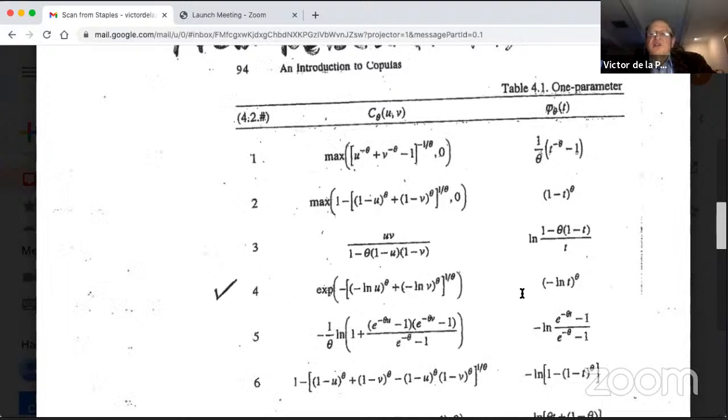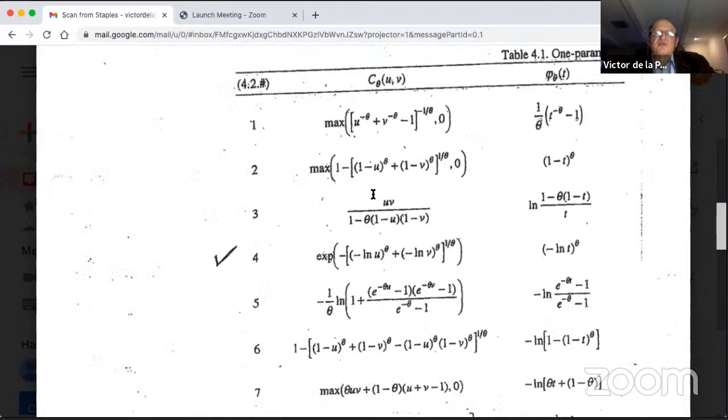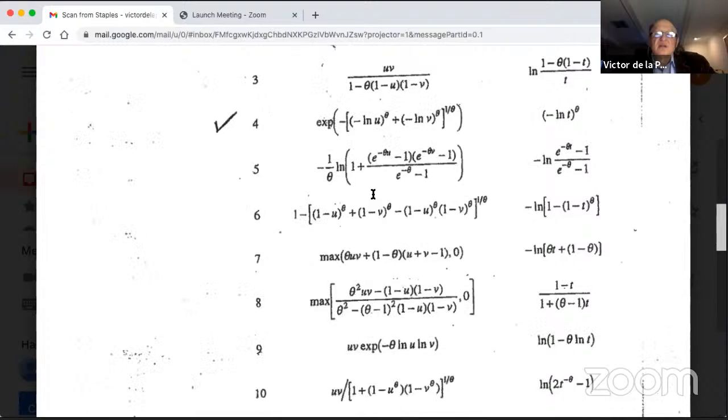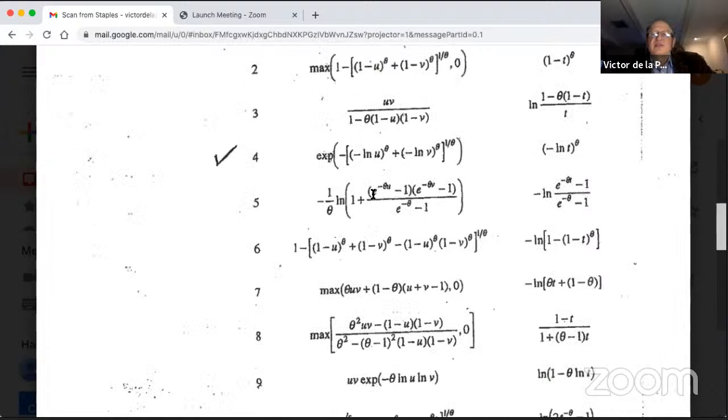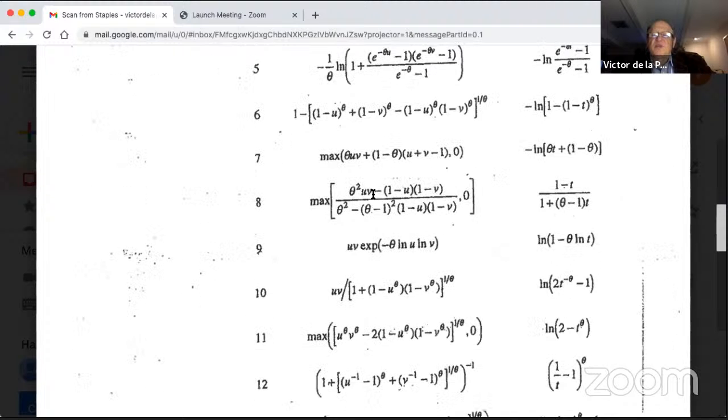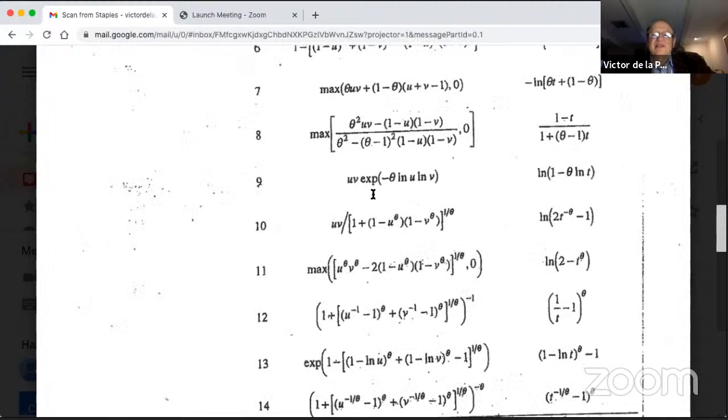Then you can also take a generating function as (1 minus t) to the theta, and you can get from there a copula. And each one of these has a name. We will see names later on, but anyways, as you see, there's a multitude of possible dependencies that you can treat.